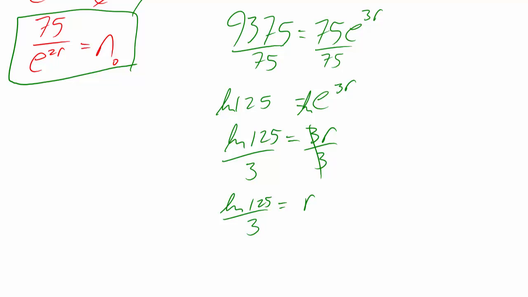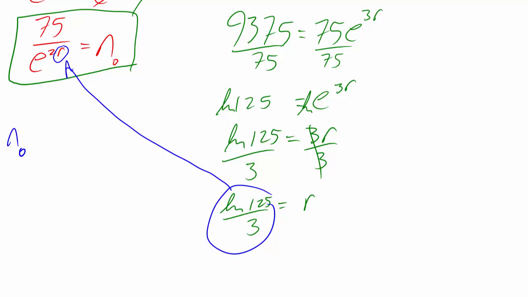So now we're going to take that r and plug it back in for the r in our n sub 0, and then our n sub 0 will equal 75 over e to the 2 times natural log of 125 over 3.